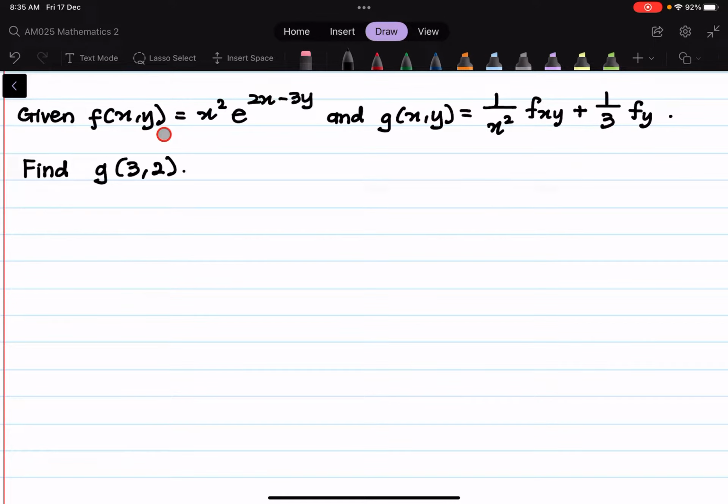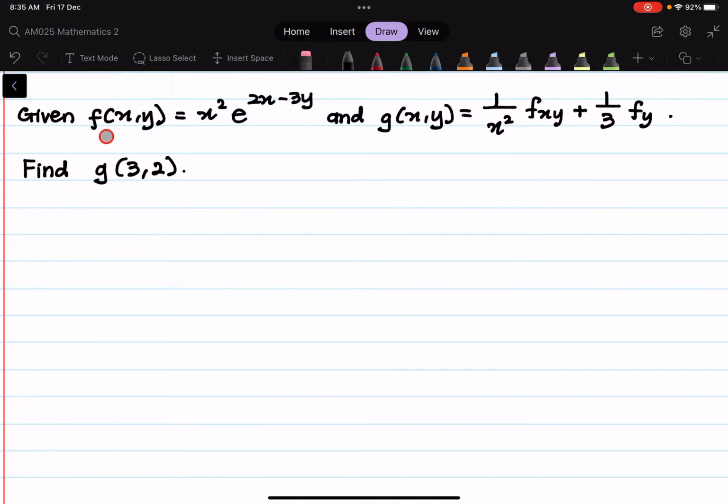Given f(x,y) equals x squared e^(2x - 3y) and g(x,y) equals 1 over x squared times f sub xy plus 1 over 3 f sub y. Find g(3,2).